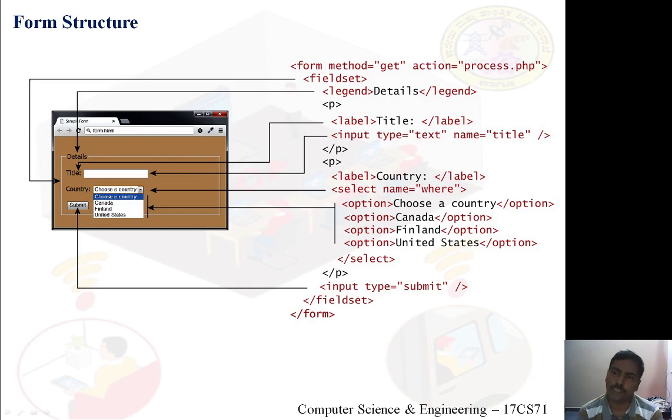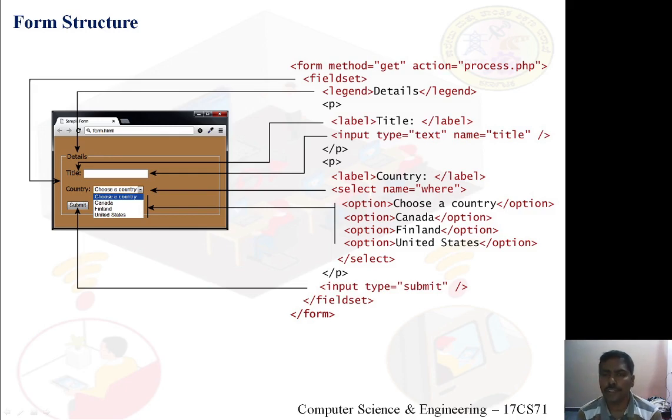Google server, right? So Google server will authenticate you. If you are authenticated, it's going to return to your mailbox. So here action specifies who is that server who is going to process the client request. In this example, I specified some server named process.php.